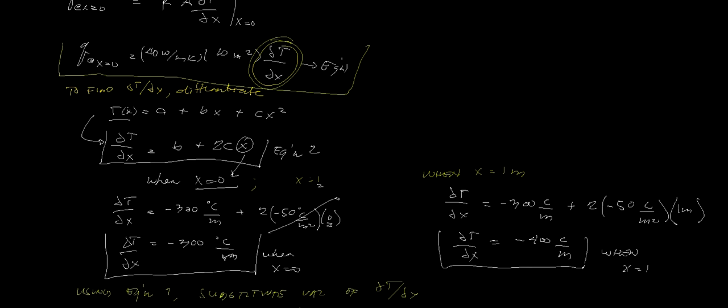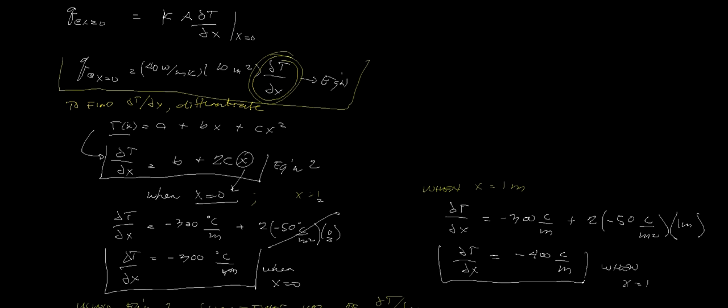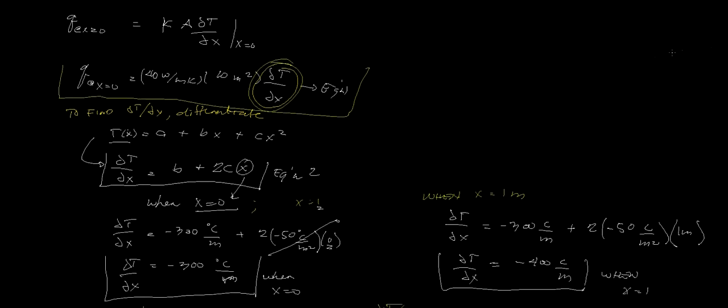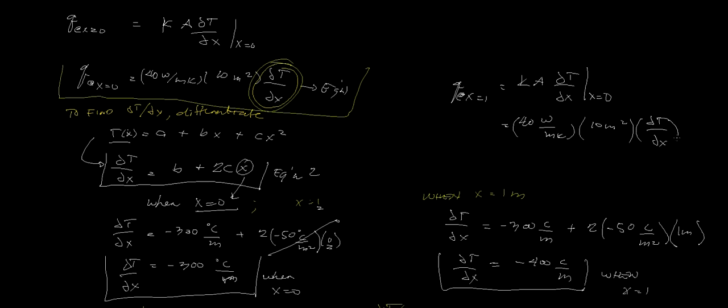Okay. Therefore, using equation 1 also, this can also be applied, because Q at x is equal to 1 is just the same as kA dT/dx when x is equal to 1, where our k is 40, A is 10, and dT/dx when x is equal to 1.